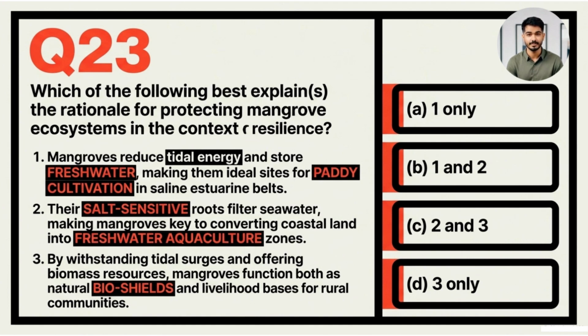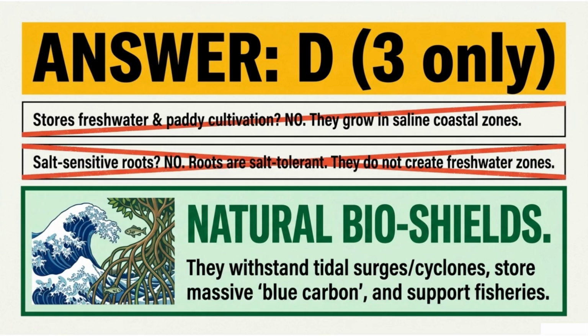Their salt-sensitive roots filter seawater, making mangroves key to converting coastal land into freshwater aquaculture zones. 3. By withstanding tidal surges and offering biomass resources, mangroves function both as natural bioshields and livelihood bases for rural communities. Answer is option D, 3 only.